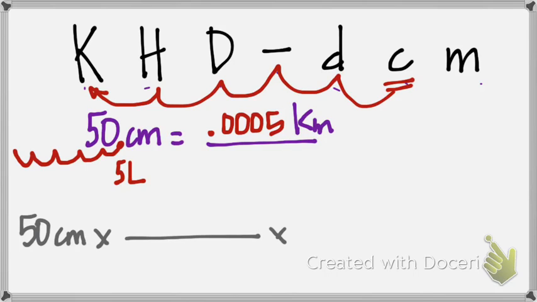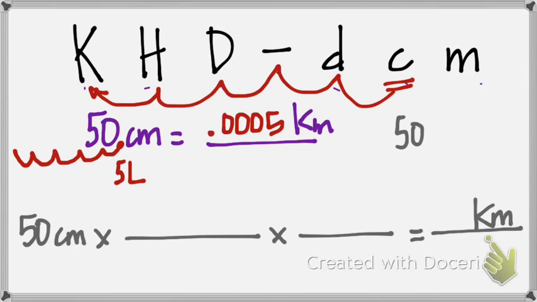So in beginning a dimensional analysis problem, I'm going to make this a little bit longer because I want to make it easy to understand where I'm making my connections. For a dimensional analysis problem, if I'm going to do the conversion of 50 centimeters to kilometers, the first thing that I have to do is make some kind of connection between centimeters and kilometers.